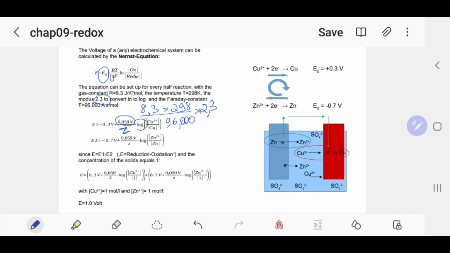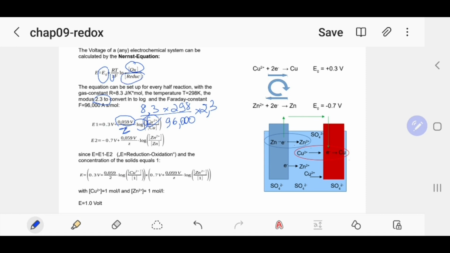For example, for the copper, it's 0.3 plus 0.059 volt divided by Z, logarithm of the concentration of the oxidant to the concentration of the reducing agent.